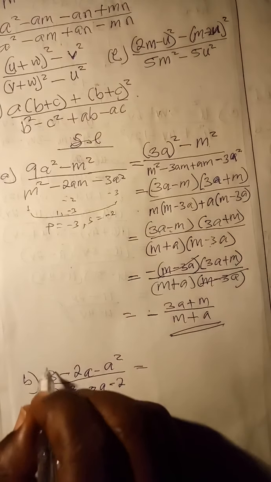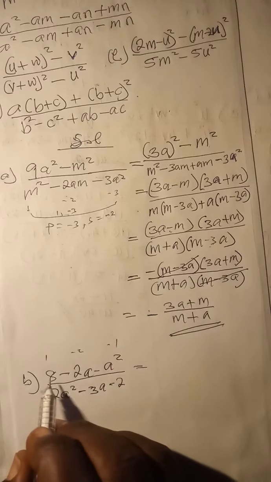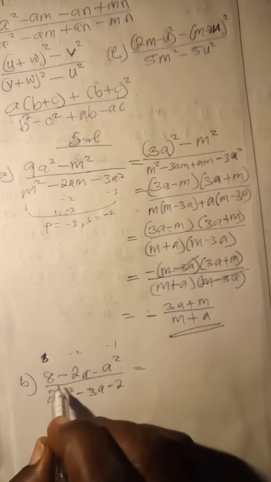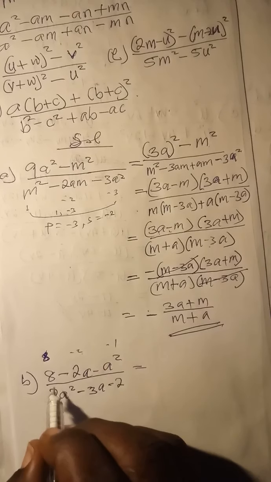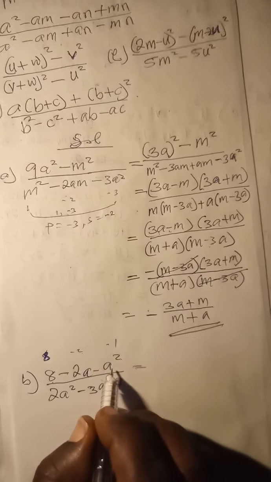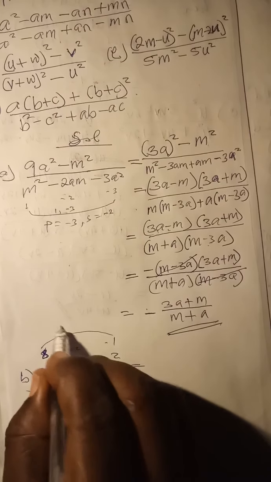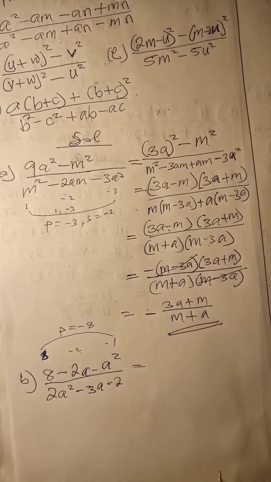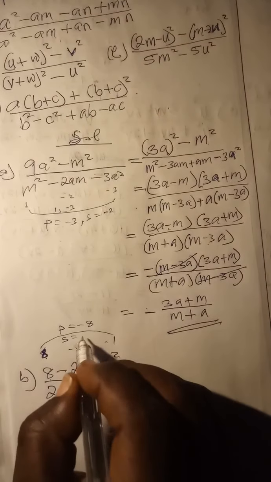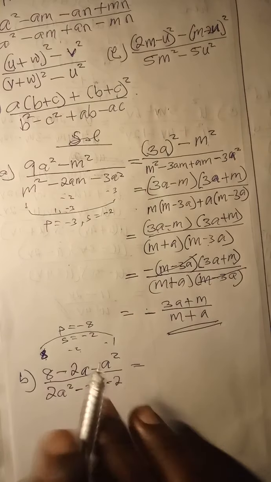So I have the coefficients as 8, minus 2, minus 1. This is the 8, this is the minus 2, and this is minus 1, the coefficient of a squared. What product am I dealing with? The product is going to be minus 8. What about the sum? The sum is going to be minus 2, the middle term. This is arranged in ascending order.